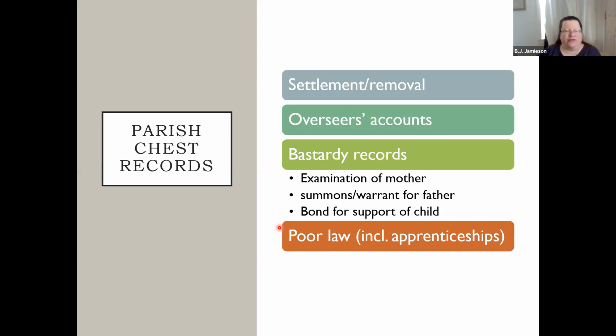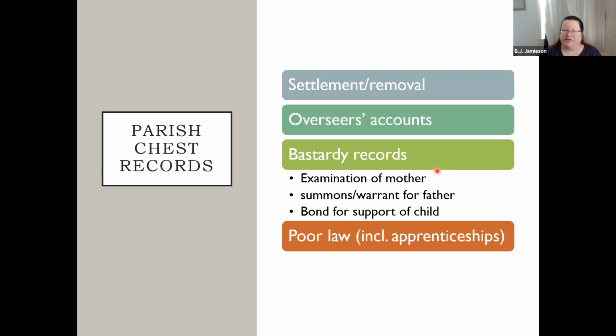You get overseer's accounts of parish discipline, of collecting fees, all sorts of things like this. You also get, because the church was, up until the 1830s, in charge of poor law distributions, you get bastardy records, because they will have examined the mother to see who she's accusing of being the father of an illegitimate child, so that the parish can go after the father for child support.